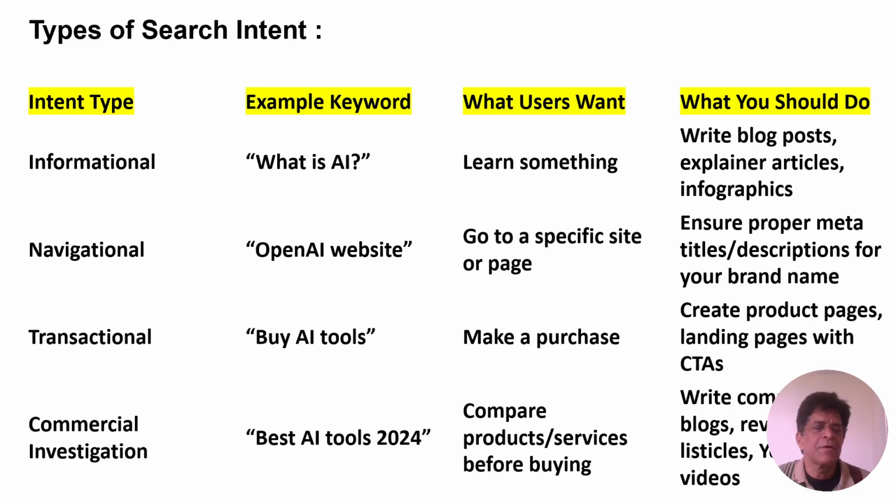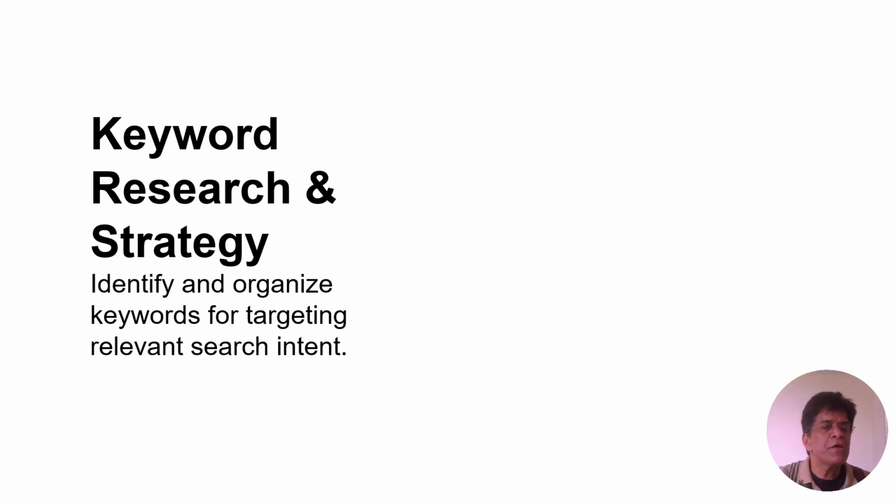Those are accessing the search engine, or it may be through your marketing processes, digital marketing processes, maybe search engine marketing, maybe social media marketing. So this intent will help us to go for keyword research and strategy.